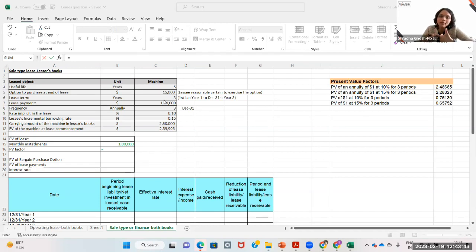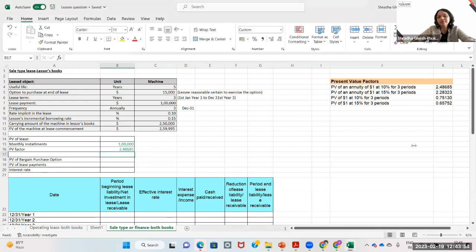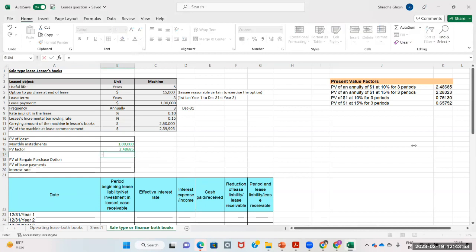Only if that is not there, then you will take the lessee's incremental borrowing rate. So PV factor will be of an annuity of 2.4685. Agreed? Yes, ma'am. So 1 lakh into 2.4685. What is the bargain purchase option PV?